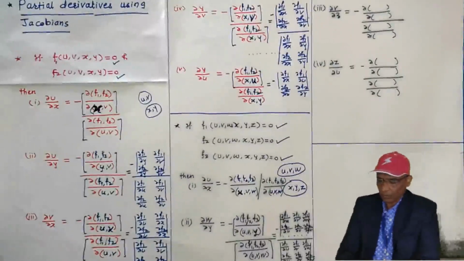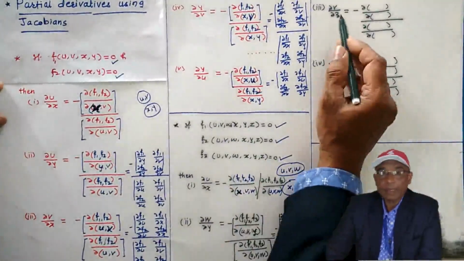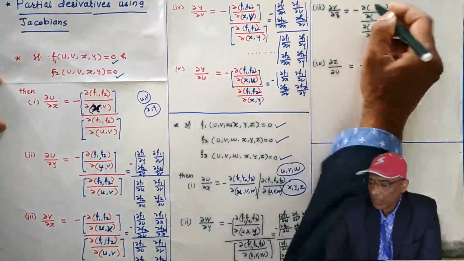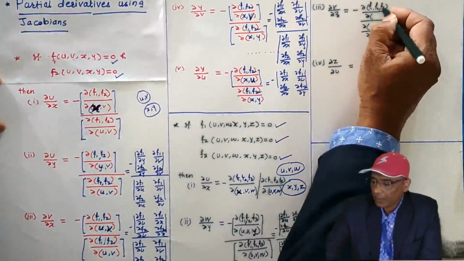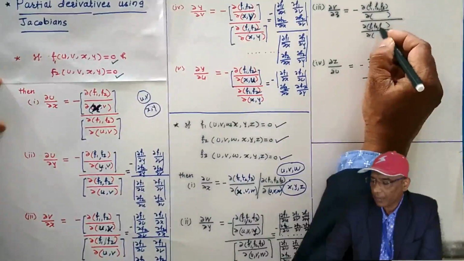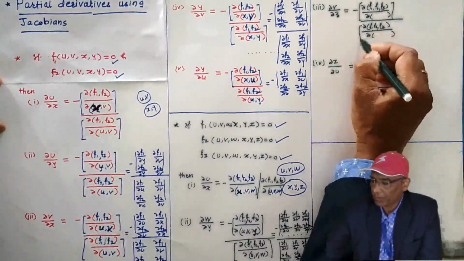Now, del v by del z I am going to write. How do you prepare the formula for del v by del z? It's f1, f2, f3 we have to write. Here in the denominator Jacobian f1, f2, f3. This is the numerator Jacobian, this is the denominator Jacobian.